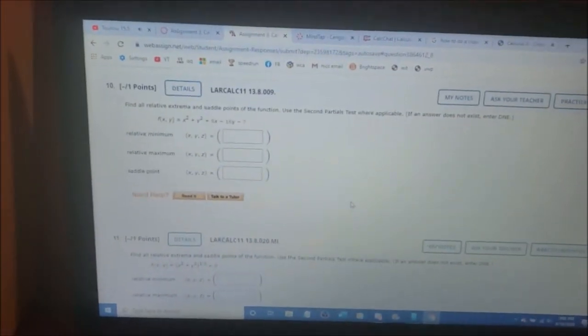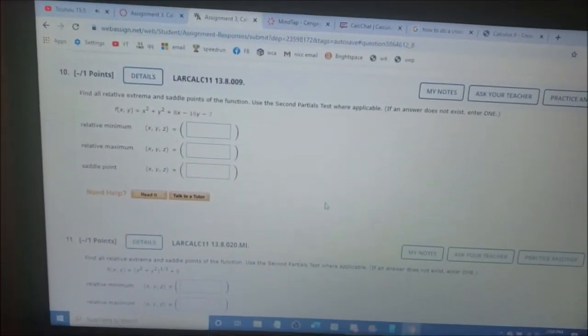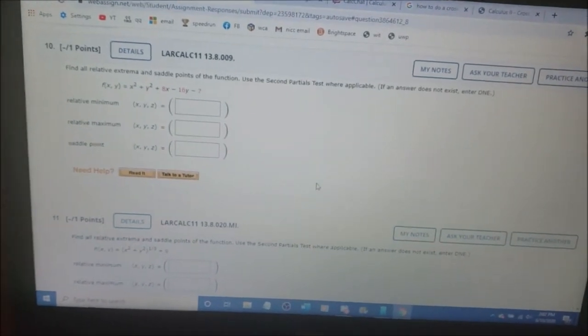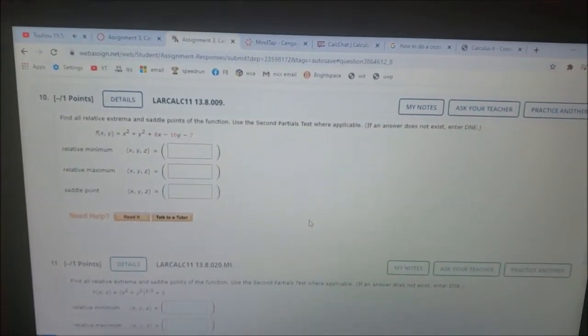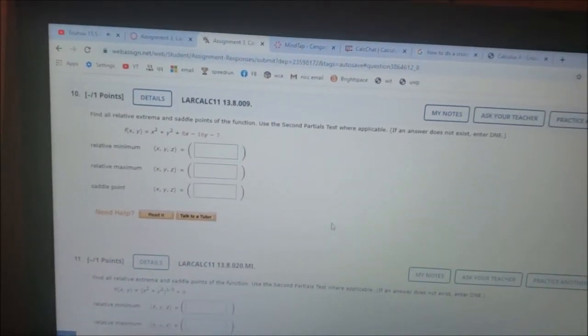So yeah, the next section we're gonna go through is 13.8, which is only 2 questions, and it says find all relative extrema and saddle points of the function. Oh, wait a minute, I've done that before in calculus 1 or 2. I can't remember which. Oh, I think 2.